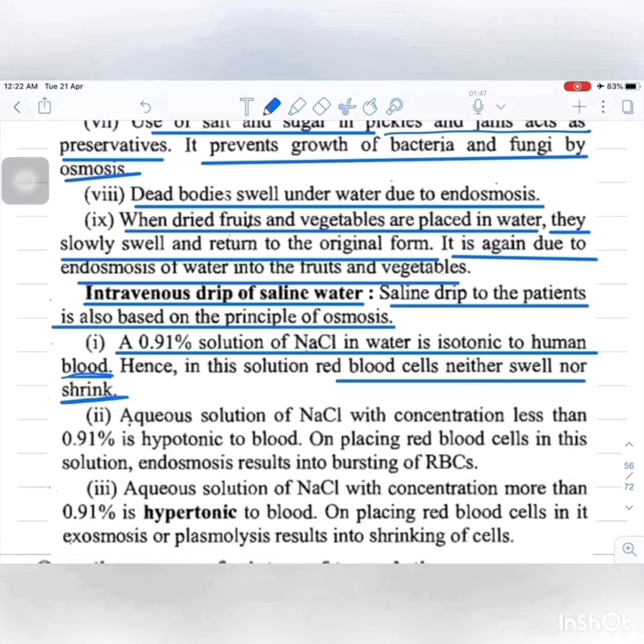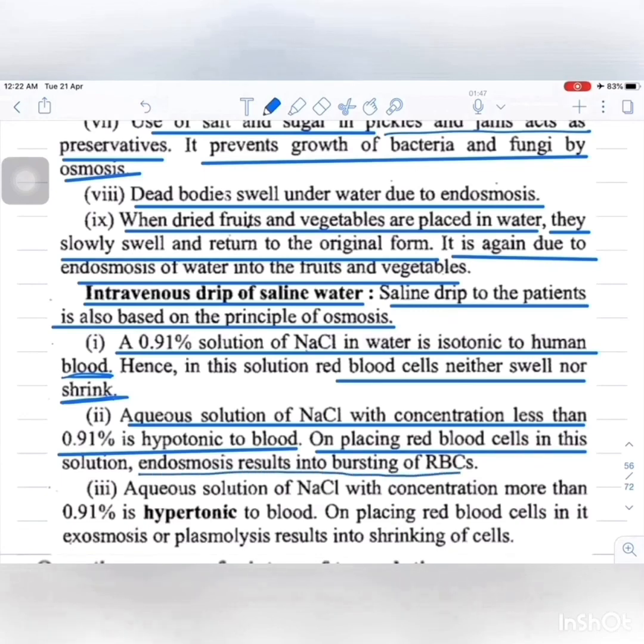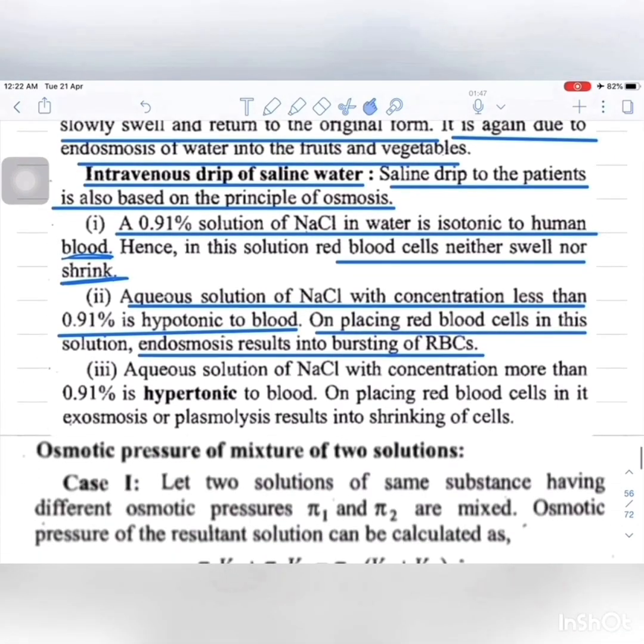Aqueous solution of NaCl with concentration less than 0.91% is hypotonic. Now, when RBC is placed in this solution, endosmosis will take place and RBC will burst. Aqueous solution of NaCl with concentration more than 0.91% is hypertonic.